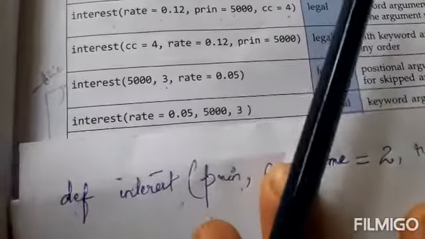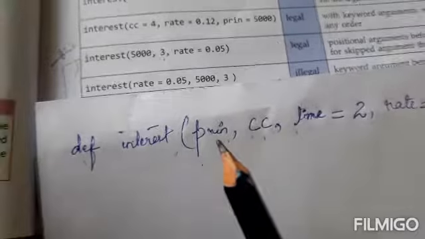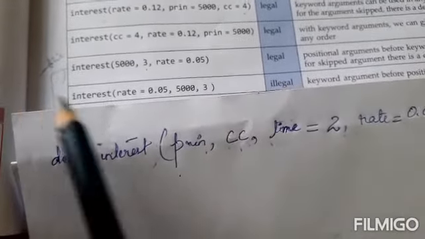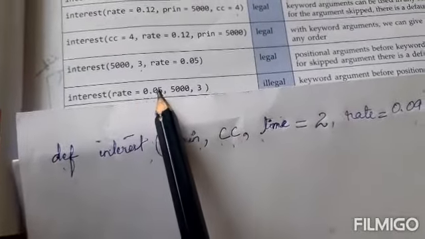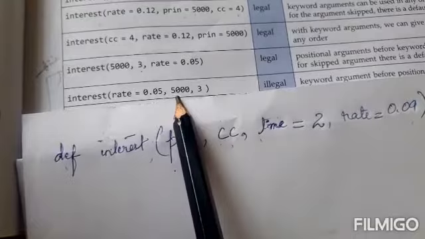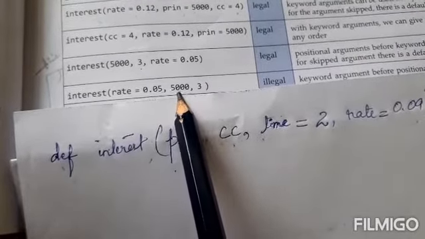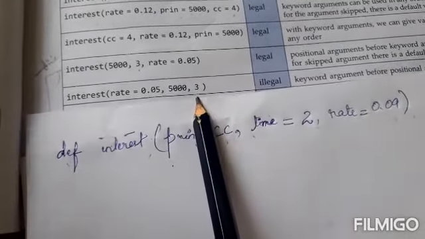See here, we expect the function call to pass a value for principal, CC, time and rate. In the function call we have rate 0.05 followed by 5000. Now if only a value without a name is passed, 5000 and 3, that means these two are positional arguments, right?